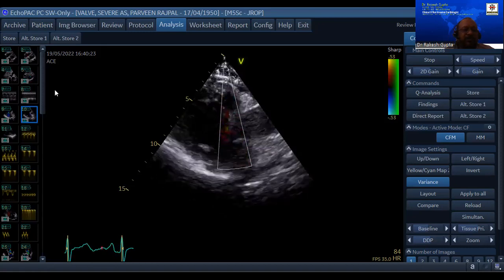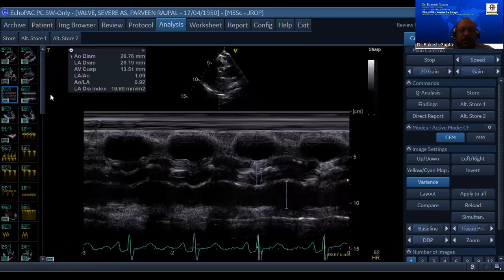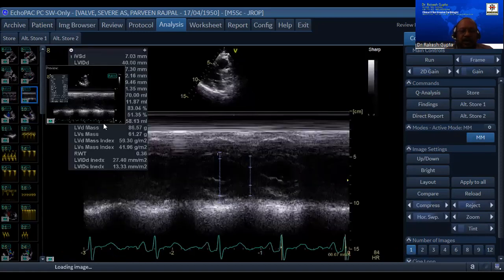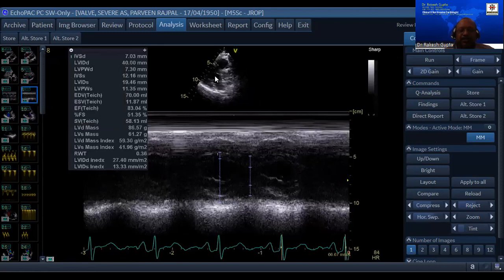And how do we look for LV wall thickness? We go for a parasternal short axis view at the aorta and then at the tip of the mitral valve leaflets to look for interventricular septal thickness and the posterior wall thickness. If it's more than 12 millimeters in the septum and posterior wall in diastole, then we call them thickened. Because of severe aortic stenosis, the majority of the time they have a severe concentric LVH or thickened interventricular and posterior wall.